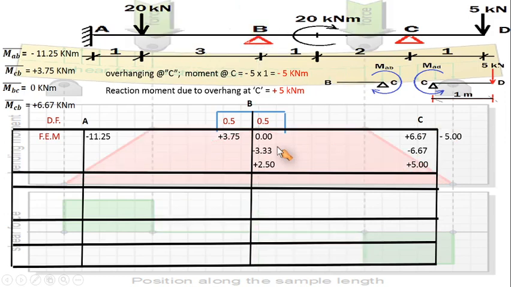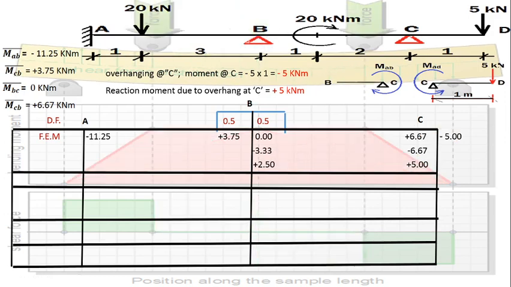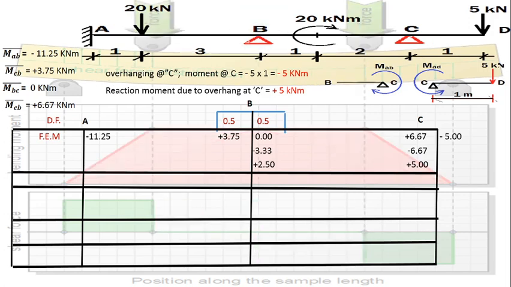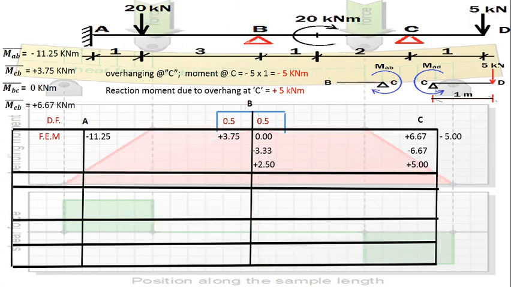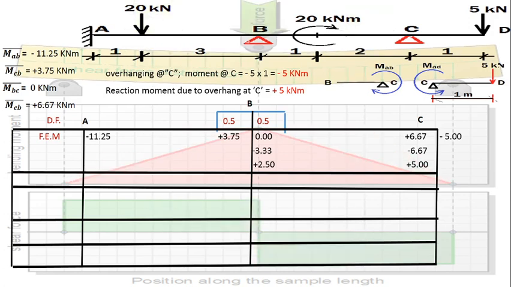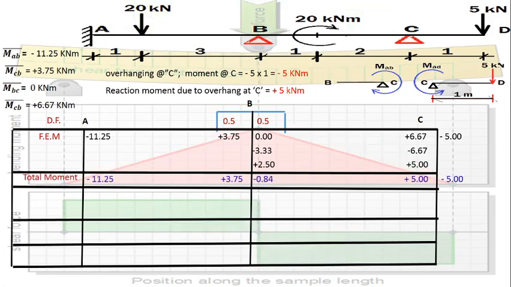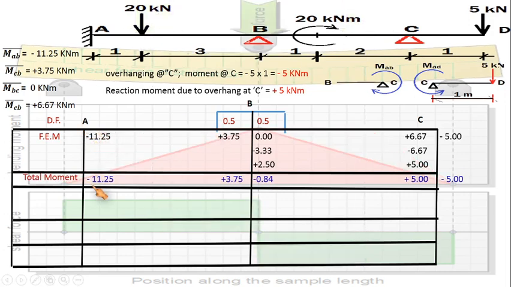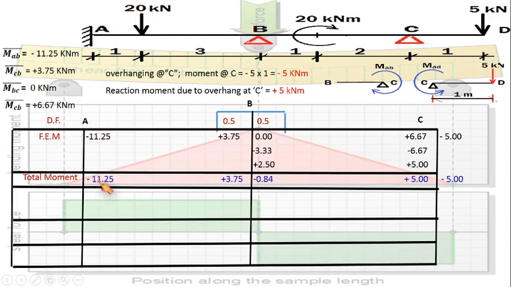So this is the important step which is to be adopted when we come across an overhanging part in a continuous beam, and that too when we are dealing with the moment distribution method. Now let us see what the total moment occurring about that particular joint is. So here minus 11.25 as it is, there is no carryover on this particular part, so as it is, it has been taken.